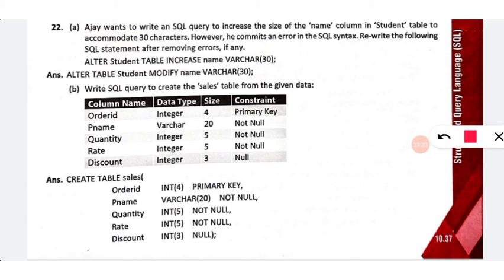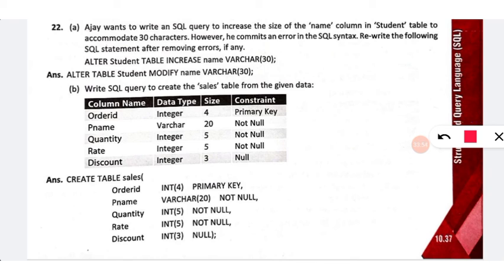This is the statement he has written: alter student table, increase name varchar 30. We don't have this statement in the alter table statement. We don't have the clause like this, increase or table.